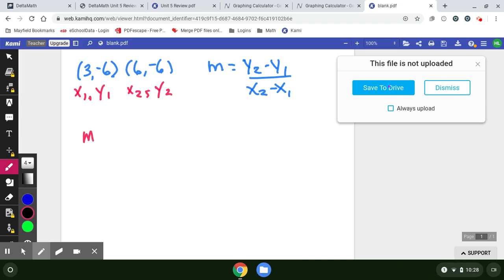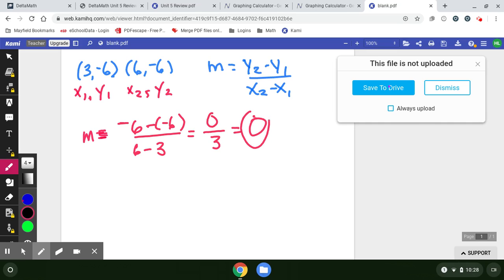I'm going to subtract the y's: negative 6 minus negative 6 over 6 minus 3. Negative 6 plus 6 is 0, divided by 3. Any 0 divided by any number is 0. So I can have a slope of 0.